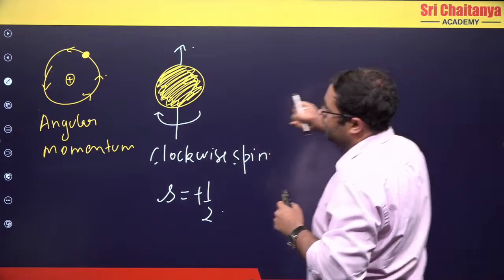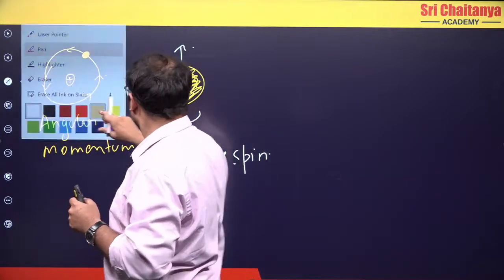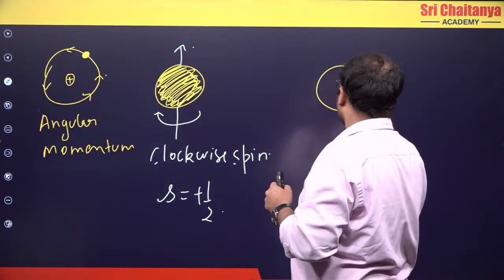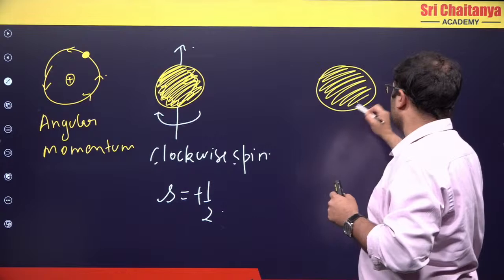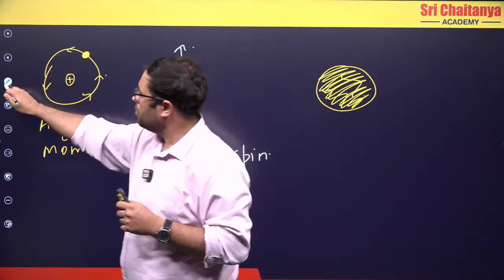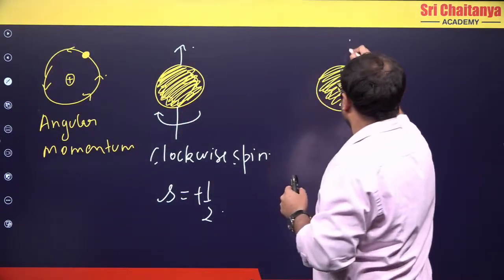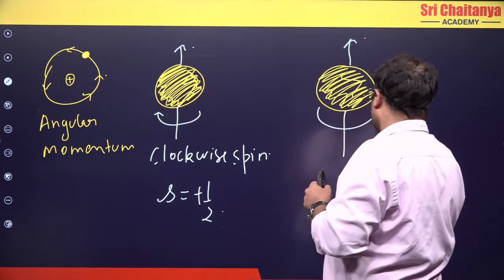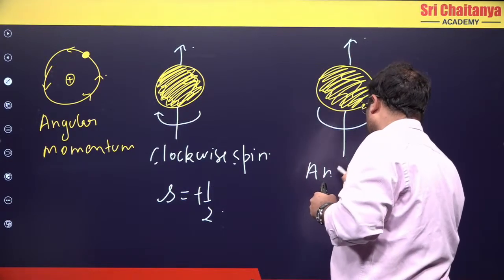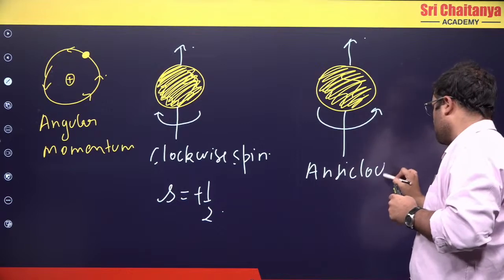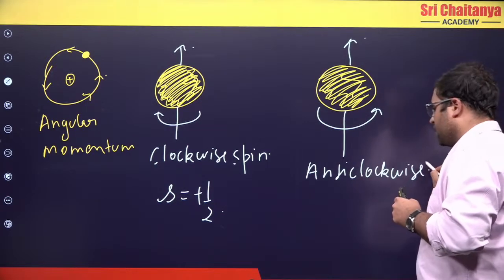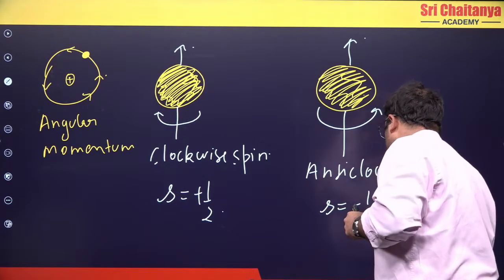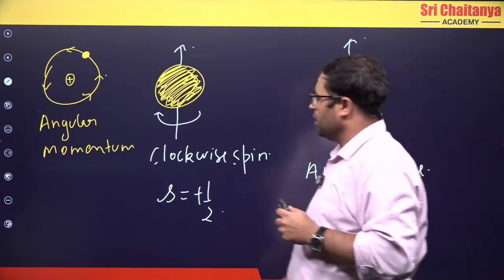Now if the same electron, this is the axis, spins in an anti-clockwise fashion, S value will be minus half, right?